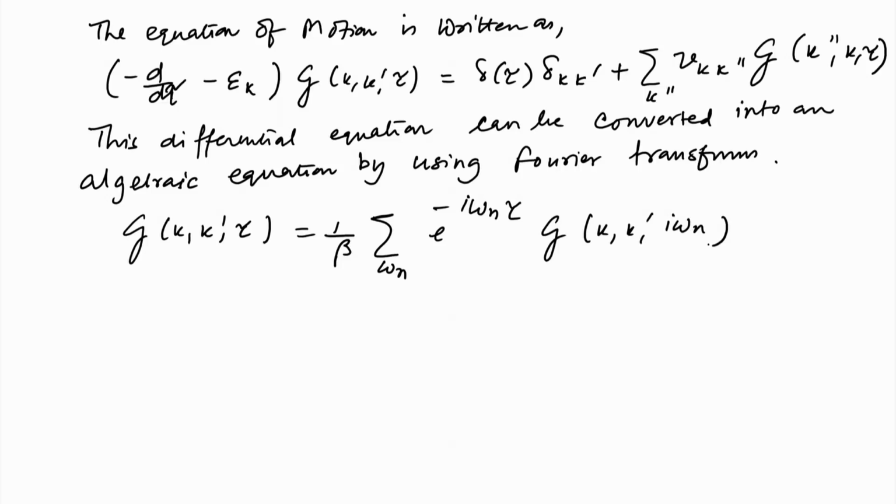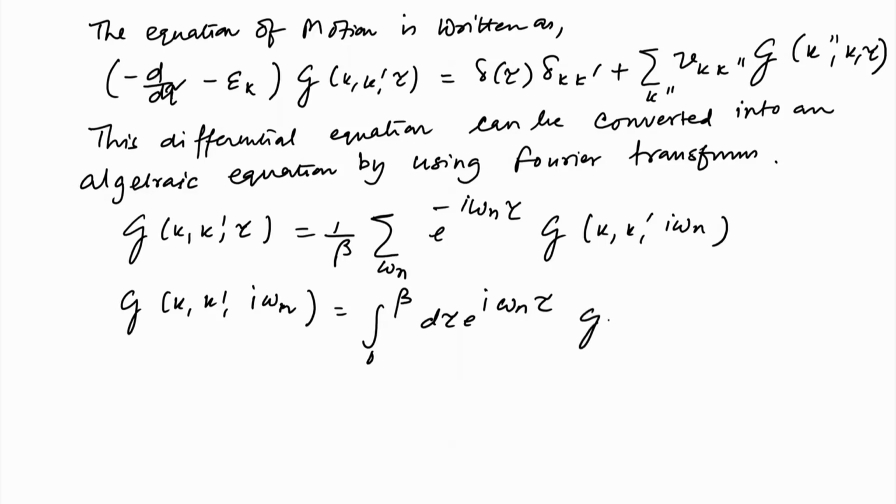So, this is the Fourier transform that we have, and the inverse Fourier transform is g k prime i omega n equal to integral from 0 to beta d tau exponential i omega n tau g k prime tau. So, you see g k prime tau has a Fourier transform in terms of g k prime i omega n. Omega n's are (2n+1) pi i over beta.